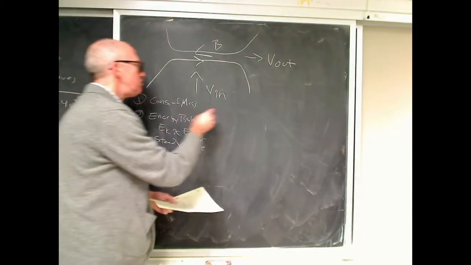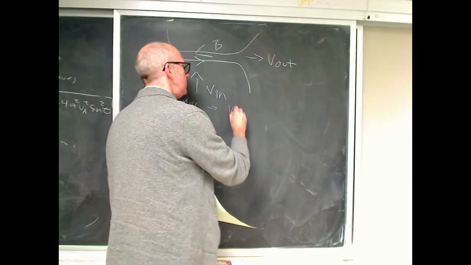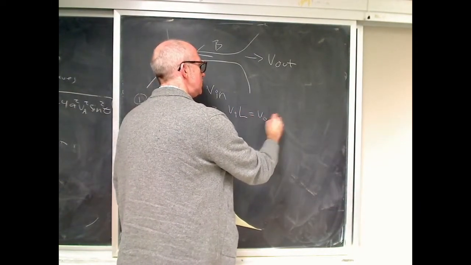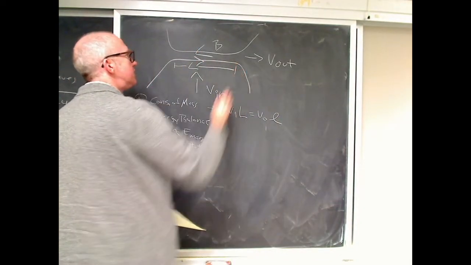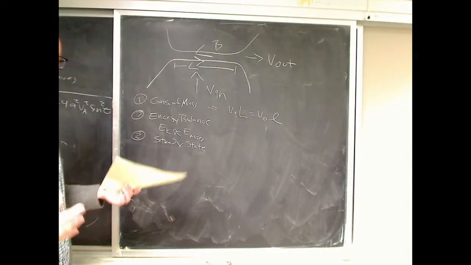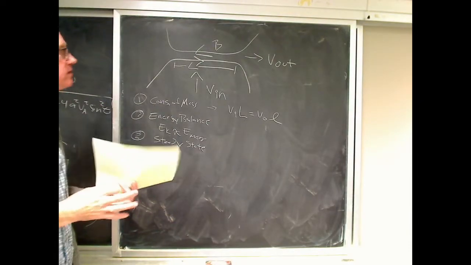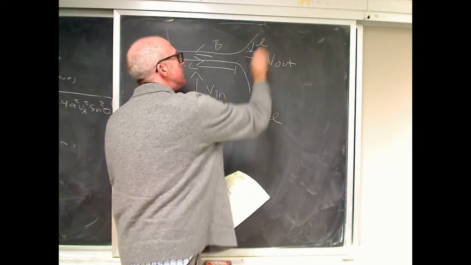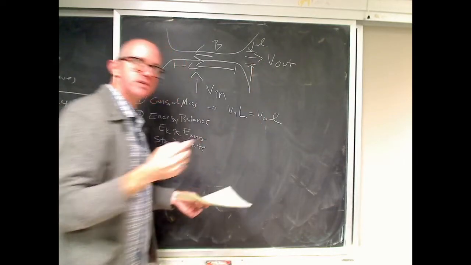Okay, conservation of mass lets us say that VI times L equals VO times little l, where this is big L. This is the reconnection area, so this is the amount of magnetic field that you're destroying in the first place. And this, little l, is the width of the exhaust region.